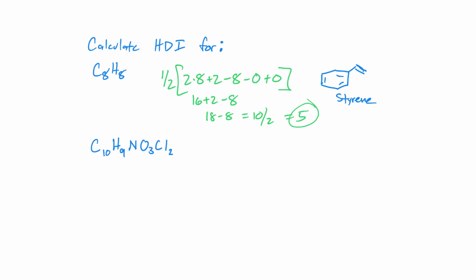Let's look at this final formula here. We want 1/2 times 2 times the number of carbons, which is 10, plus 2, minus the number of hydrogens, which is 9, minus the number of chlorines, which is 2, plus the number of nitrogens, which is 1. And again, we ignore the oxygens because they don't change the allowed hydrogen count.